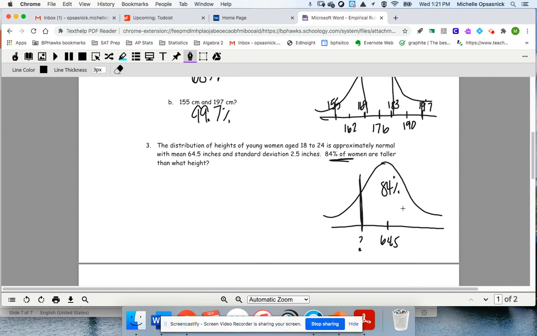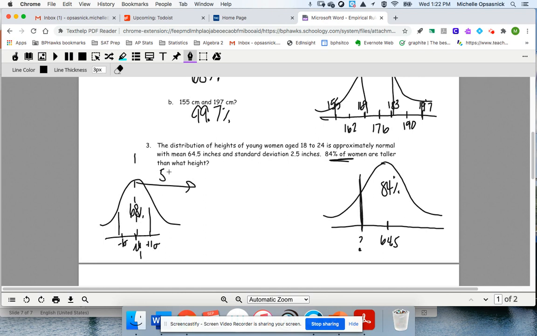So in order to figure that out, we want to try and see how we can come up with 84%. So we can think about, okay, if I sketch over here, the mean, and then you've got 1 standard deviation below and 1 above. This is going to be 68%. So then we can figure out what's left over up here, or we can think about it this way.